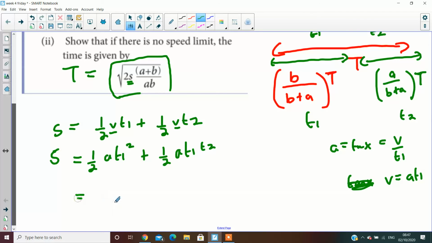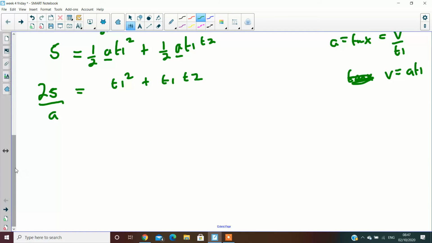What can I factorize outside? Get rid of the halves. The hell with it. Bring the 2 out the other side, and what do we get? 2s. Bring this A underneath, and what do we get? 2s over A. And what's left over? T1 squared and T1, T2.